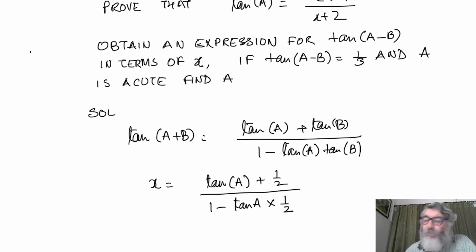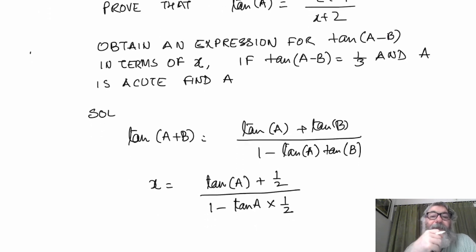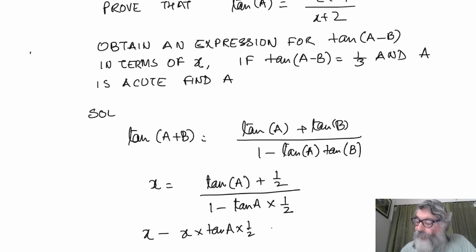We have just substituted the values of tan b and tan(a + b). Now let us cross multiply, like x into 1 is x minus x into tan a into half is equal to tan a plus half.